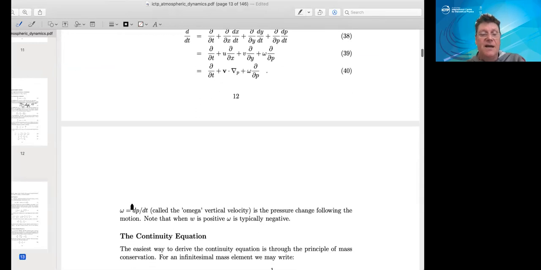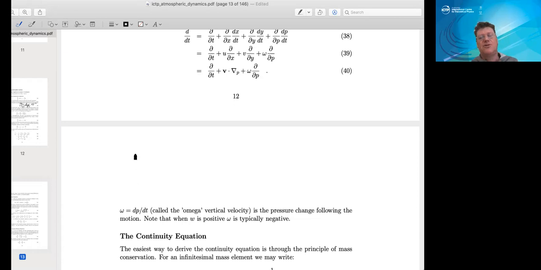So omega is now this pressure vertical velocity. It's often called omega in meteorology. And the maybe sometimes counterintuitive thing is that it has opposite sign to the real vertical velocity.